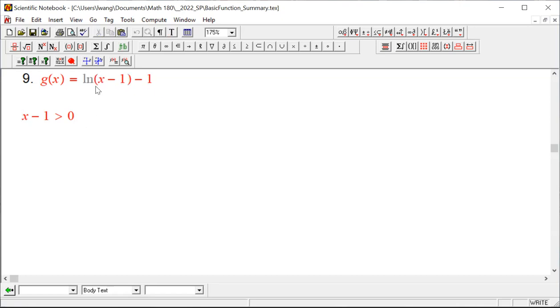We just have to guarantee that the requirement is satisfied, which requires x minus 1 to be positive. So as a result, x must be larger than 1. So the domain is x larger than 1. That's the domain for that function.